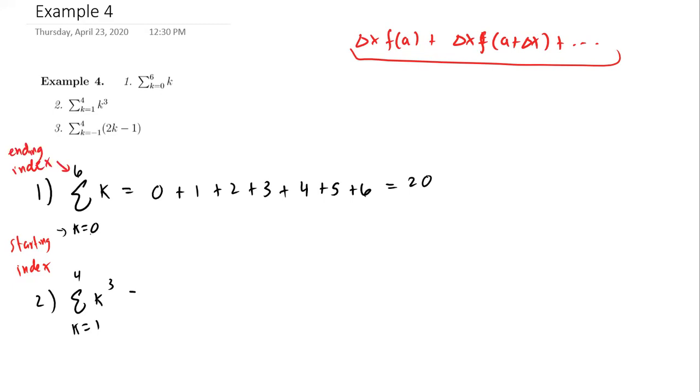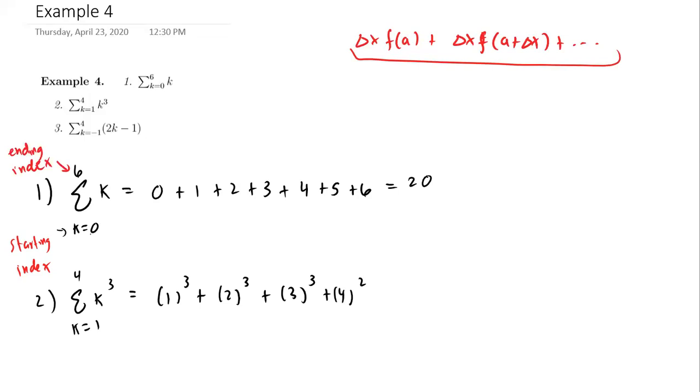So it's going to be 1 cubed plus 2 cubed plus 3 cubed plus 4 cubed. We go from the starting index, which is k equals 1, start cubing until we get to the ending index, which is 4.